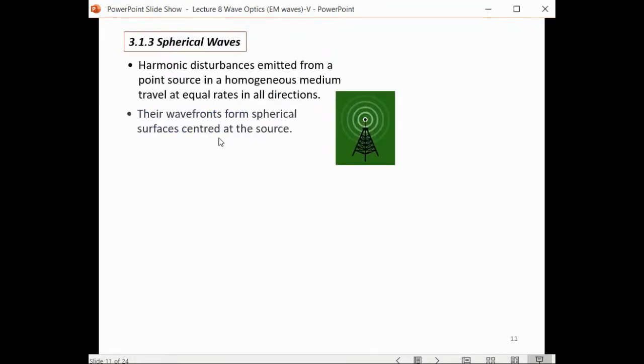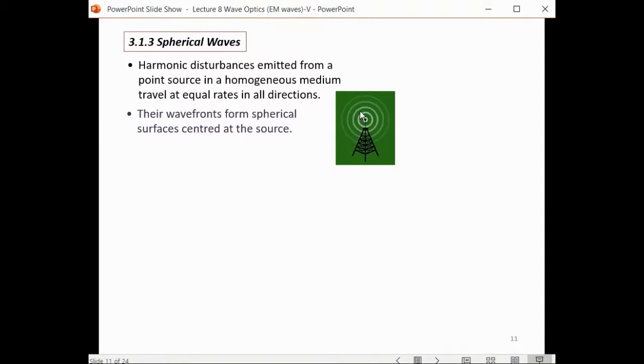Let's look at the spherical waves emitted from a point source in a homogeneous medium. They travel in all directions at equal rates.